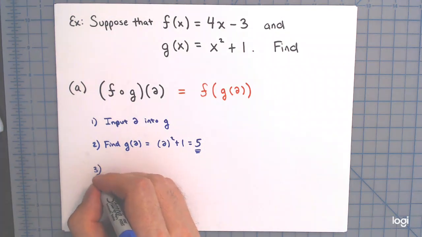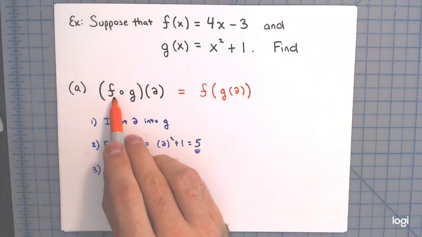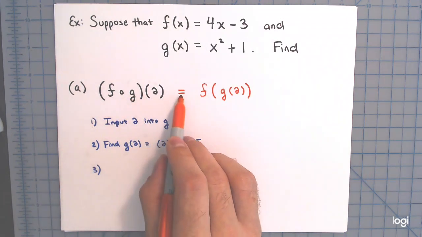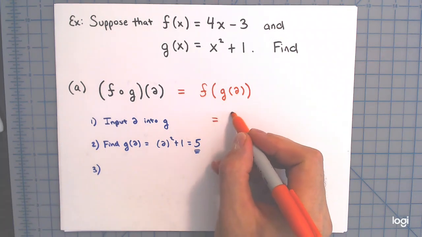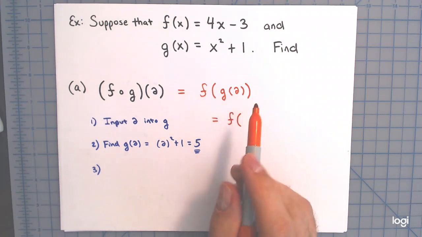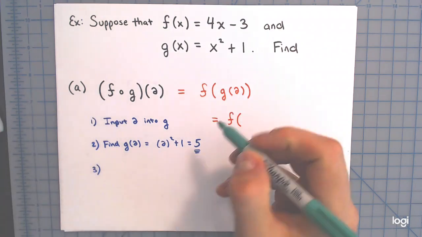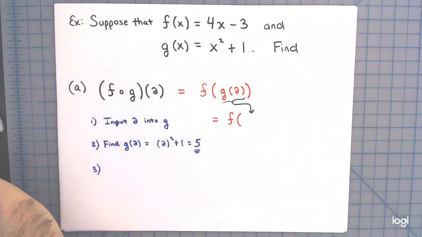Then I take that number. So what I have here, f composed with g at 2, is equivalent to f of g of 2, which will be equivalent to f of, and we just saw that g of 2 is the number 5.